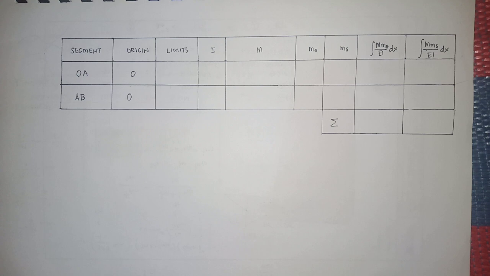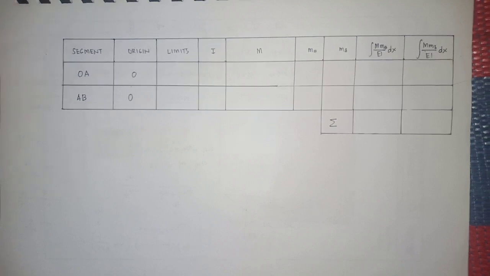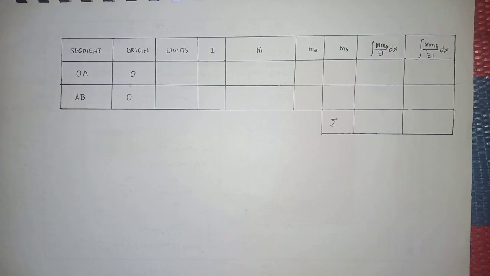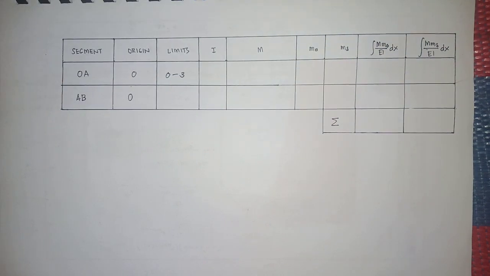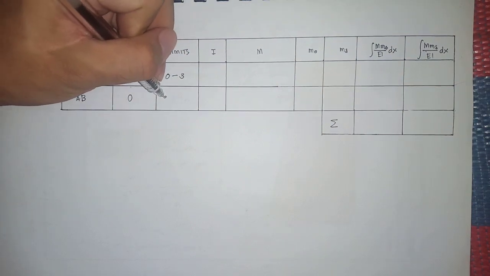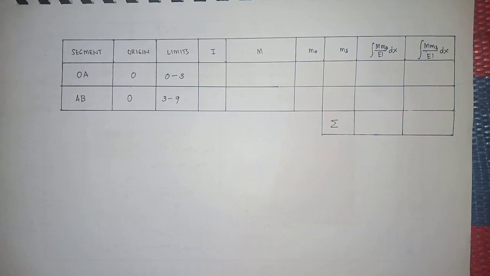Okay? For the limits, mula saan ba yung segment OA? Okay? Given that the origin is from point O. So, we have from x equals 0 up to x equals 3 meters. And for AB, we have what? X equals 3 meters up to 9 meters. Okay? So, kaya natin hinati yan.